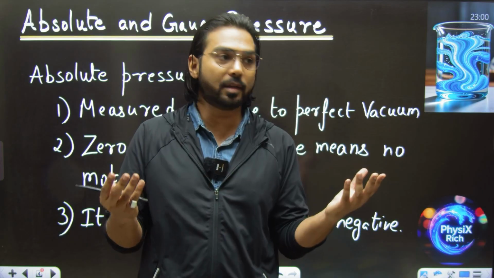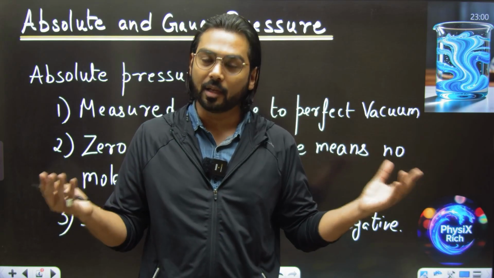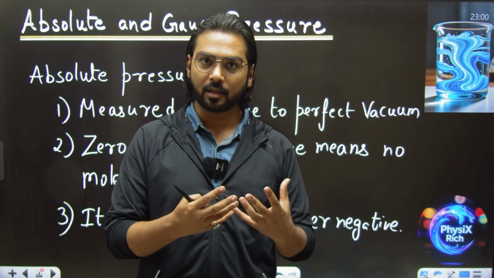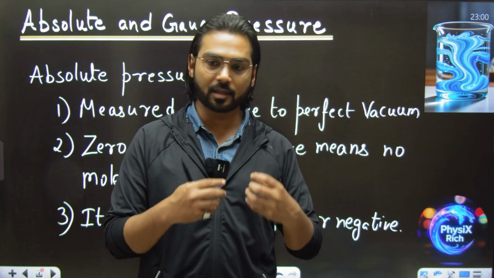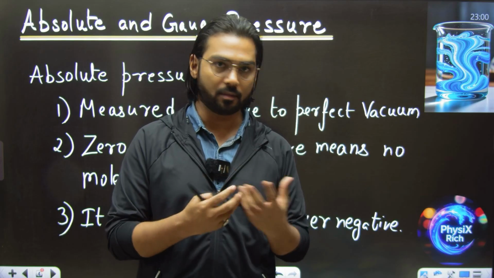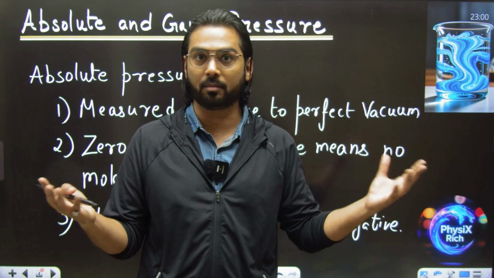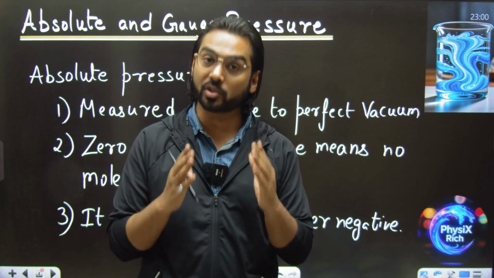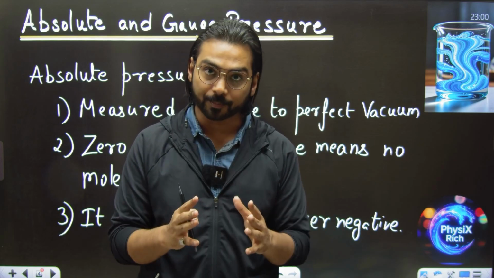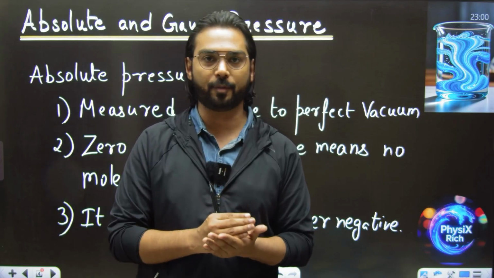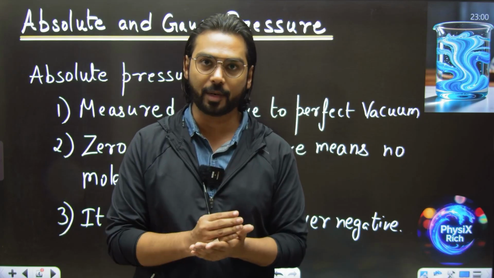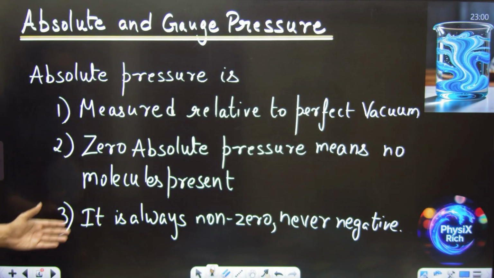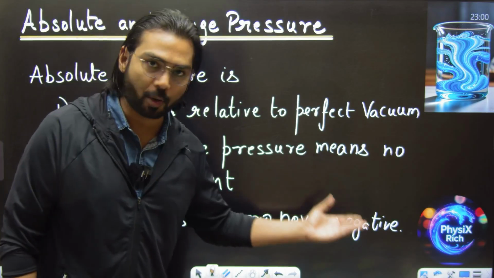Well, the universe is all comprised of stardust, isn't it? What is stardust? Stardust is all the matter, gases, solids, and very different kinds of states of matter strewn across all the universe. So there is no such thing as perfect vacuum. So there is always some amount of pressure. Wherever you go, there is some amount of pressure. Okay? So there's no such thing as absolute vacuum. It's always non-zero and it can possibly never be negative.